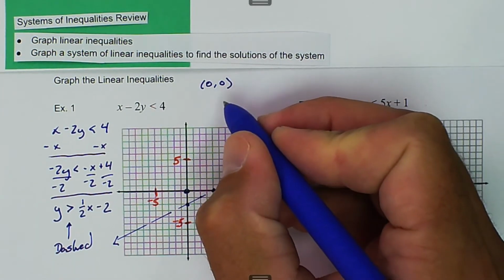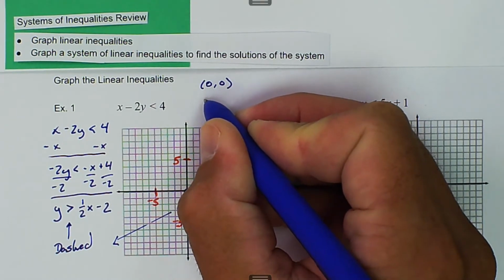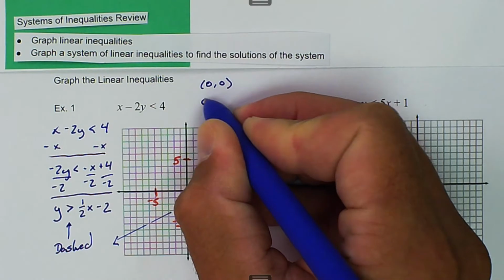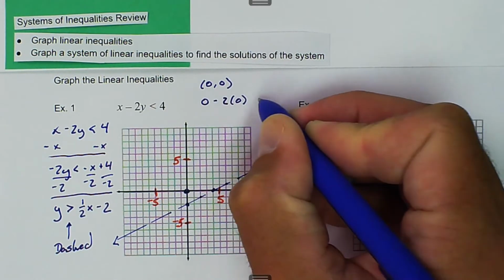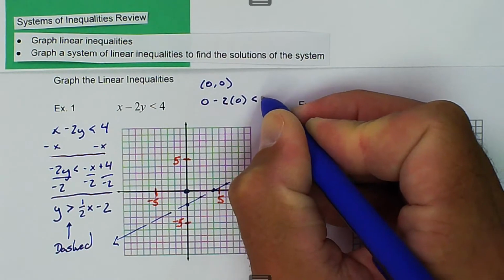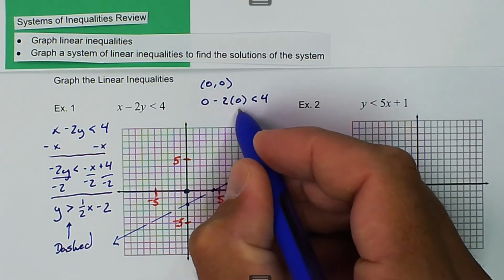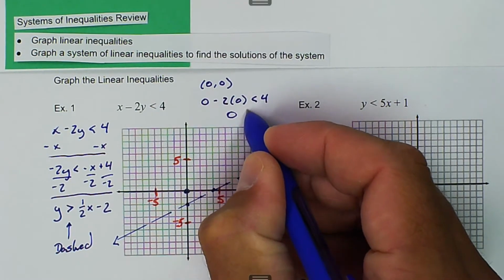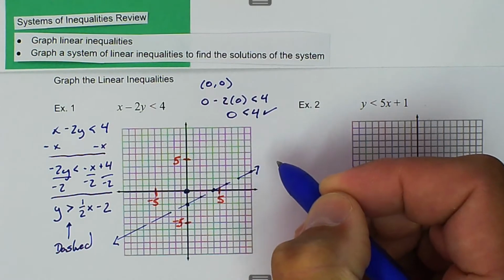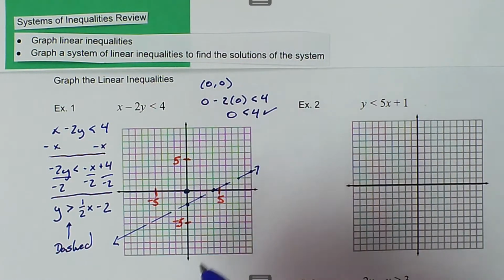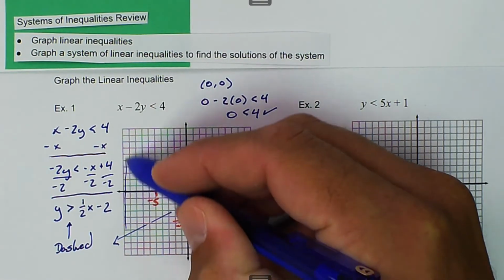If it's false, we will shade the other side of the line. So we're going to use the original equation here and say 0 minus 2 times 0 is less than 4. So 0 minus 0 is 0, less than 4. Yes, that is true. And so we'll shade that side that has that point on. So we can shade this upper side up here.